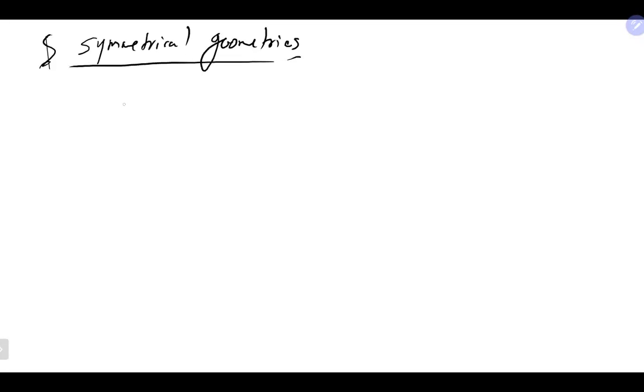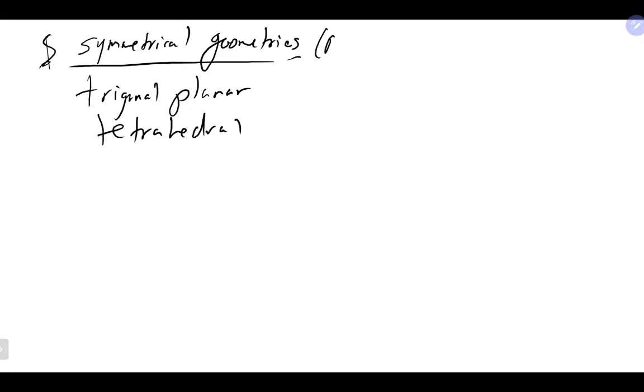And there are certain geometries which are sometimes referred to as being symmetrical geometries. And for you guys, symmetrical geometries would be trigonal planar or tetrahedral. And what we're talking about here is the molecular geometries.